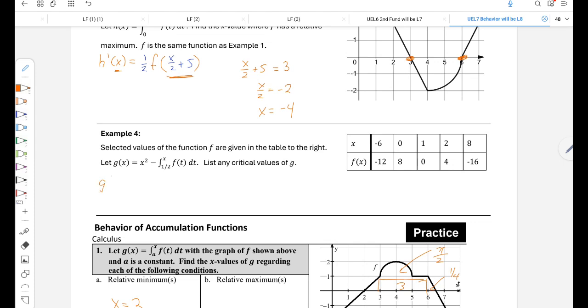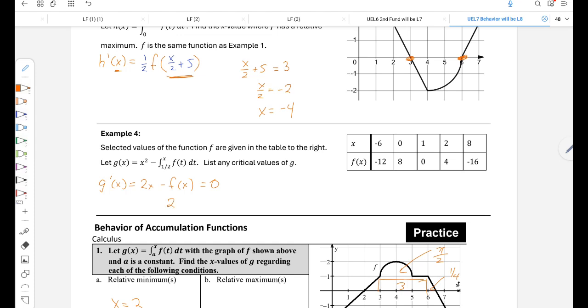We'll do g prime of x, and we will just use our rules of derivatives. It's two things being subtracted, so do them separately. The derivative of x squared is 2x, and then the derivative of that accumulation function is f of x. Just f of x, because it's an accumulation function. And if it's a critical value, then this thing has to equal 0.